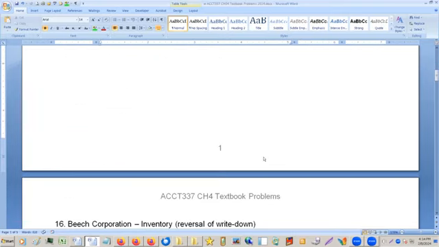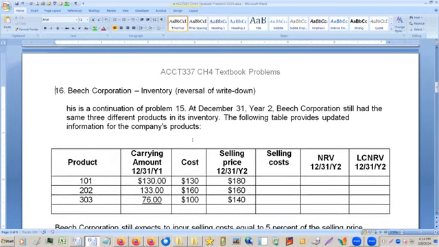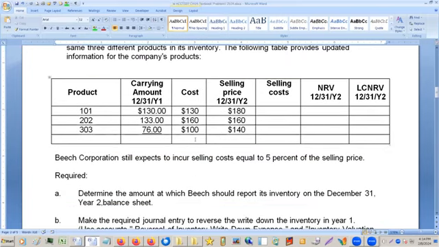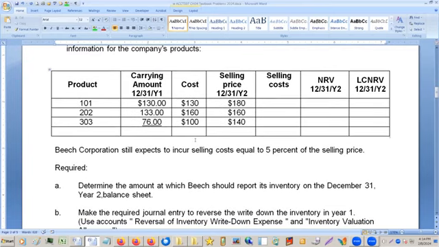Okay, let's go to year 2. Notice our new carrying amounts. Those are what we had last time.